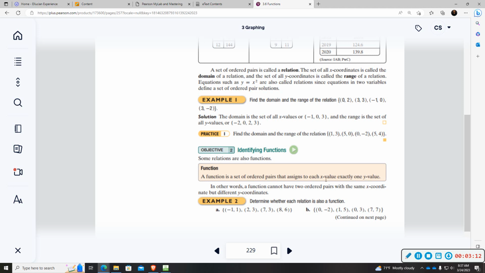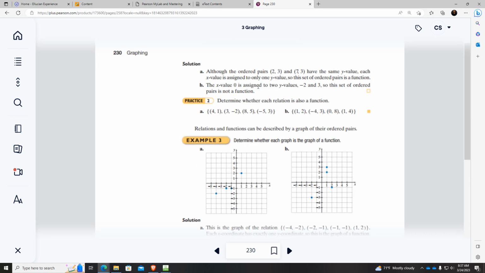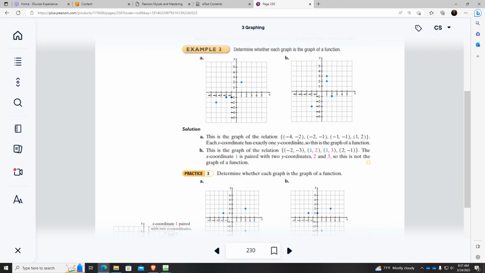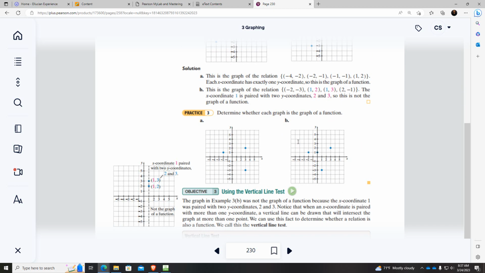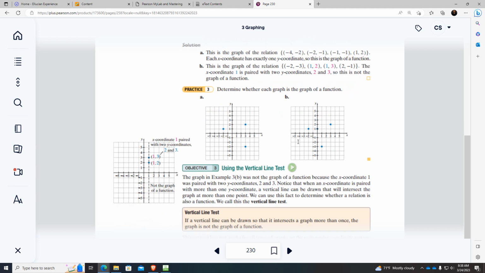So we have an x value that's paired with more than one y value. That's what's going on, so this one would not be a function. I'll make a note of this a little bit later on to help you identify that. So that's how you identify a function, and you'll have several examples which we will do in my math lab.